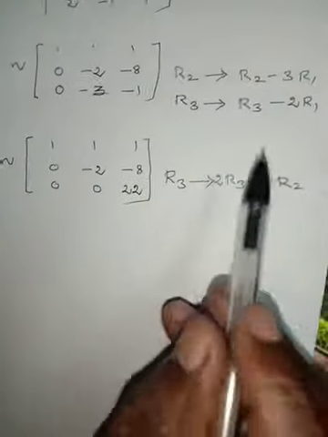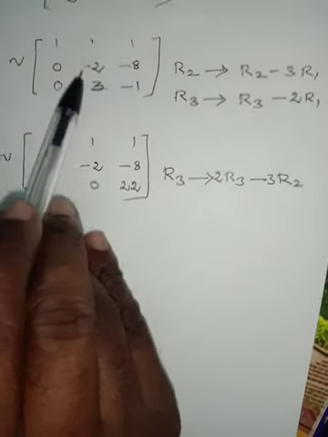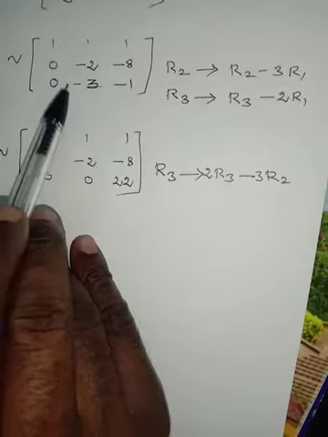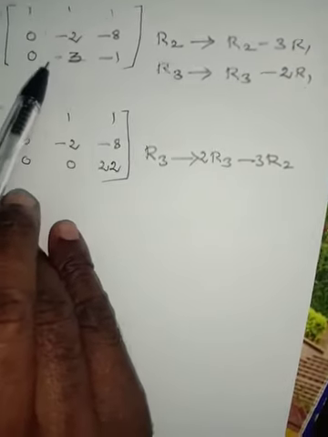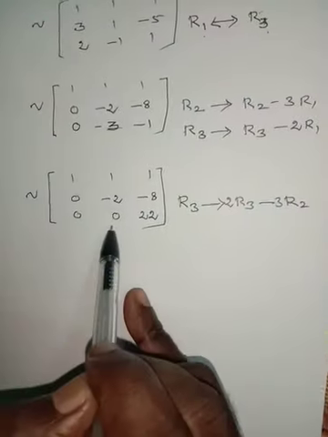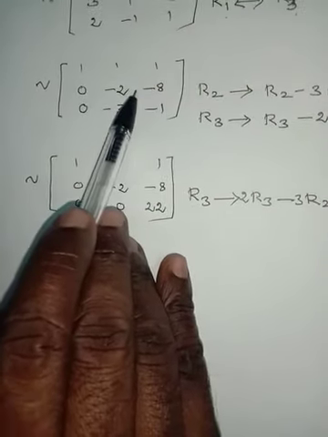Very important concept. Second row multiplied by 3, so minus 6. Third row multiplied by 2, 2 3s are 6, minus of minus plus 6 is 0. Next, second row multiplied by 3, minus 24.